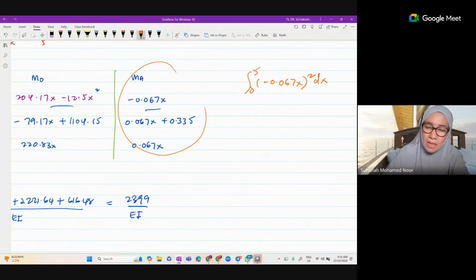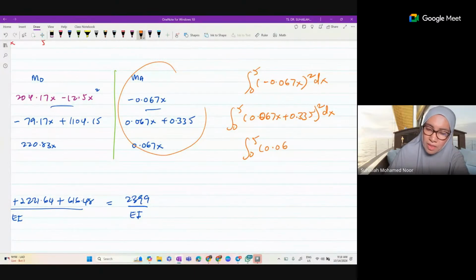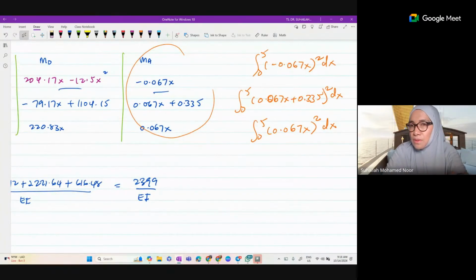For BC, 0 to 5, 0.067x plus 0.335 squared dx, and for CD is 0 to 5, 0.067x squared dx. Okay, give me the answer for the first one.